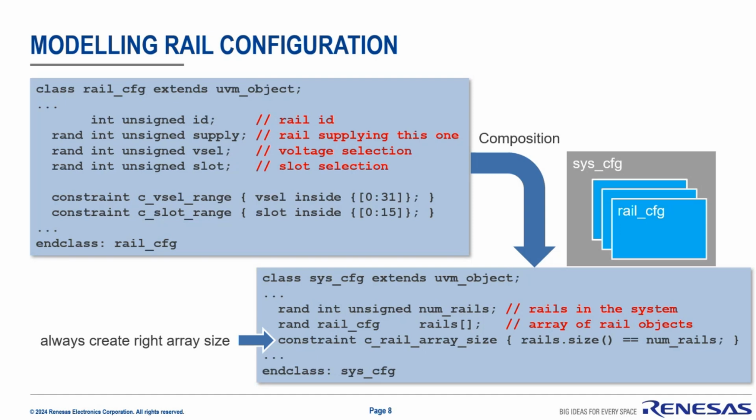Then we use that to control the number of rails, and we have a special constraint here to say that we constrain rails.size, the size of that dynamic array, to be equal to num rails. If we randomize this object with the constraint to make num rails 6, it's basically like saying do a new of 6 on that when we randomize it. It gives us 6.